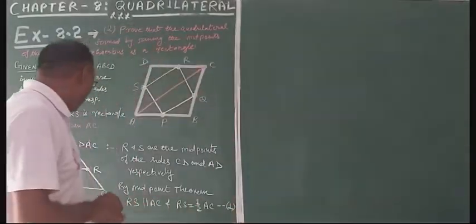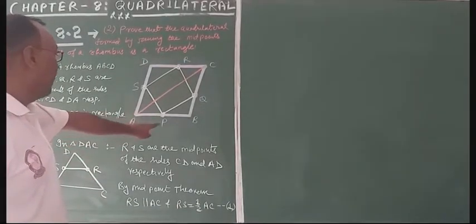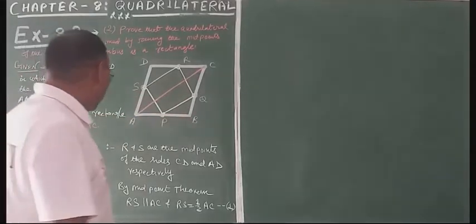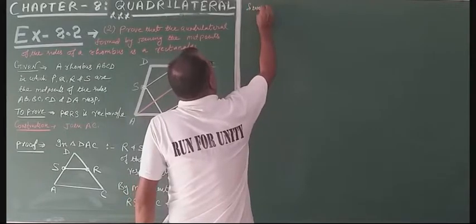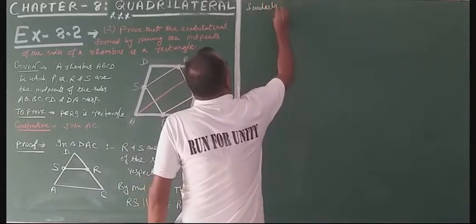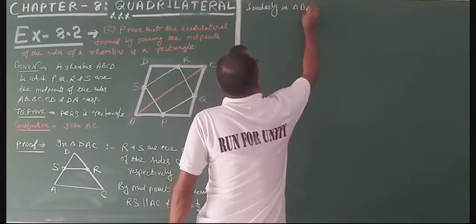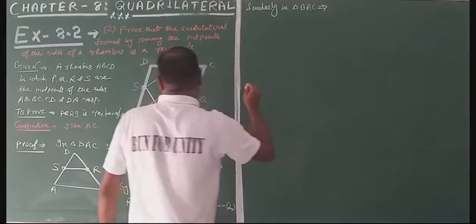Now again just see in triangle ABC, or BAC. Similarly, in triangle BAC, just look here.